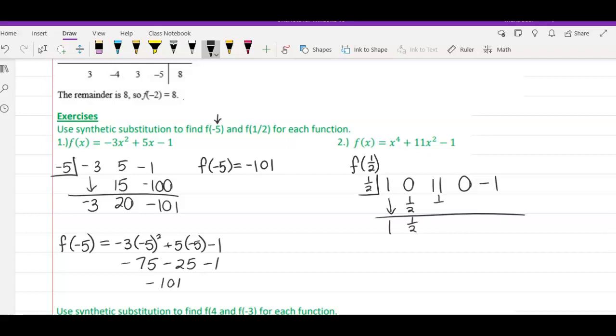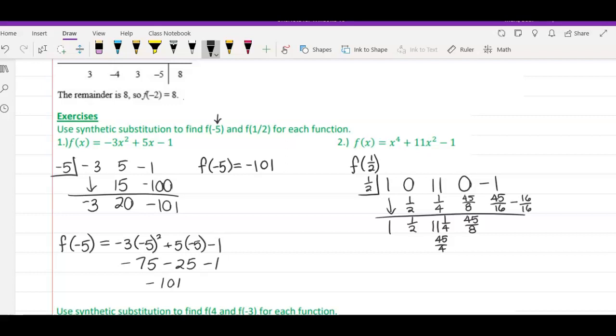1/2 times 1/2 is 1/4. Combining with 11 is 11 1/4, which I could also call 45 over 4. When I multiply that by 1/2, I get 45 over 8. Combining with 0, 45 over 8. Multiplying that by 1/2, lots of fractions here, 45/16, minus 1, which is like subtracting 16/16.